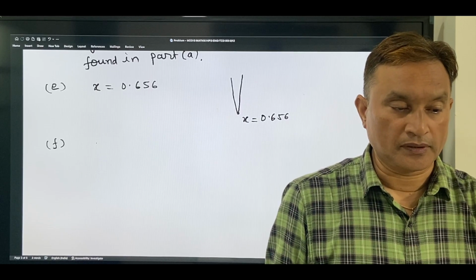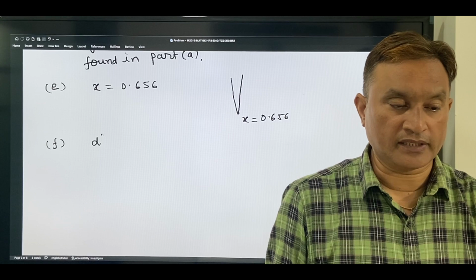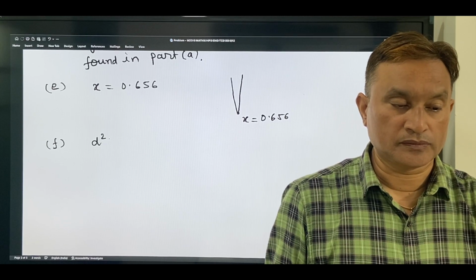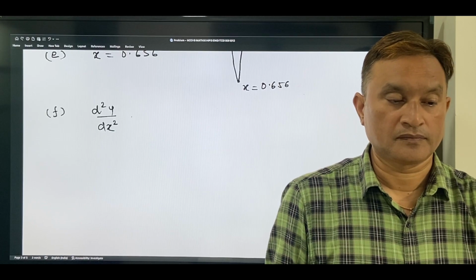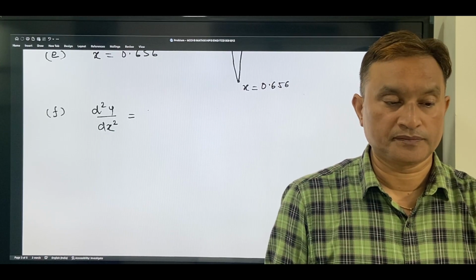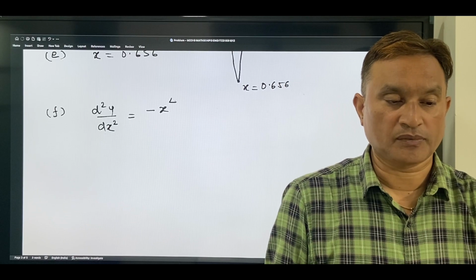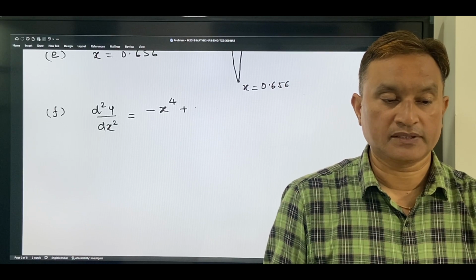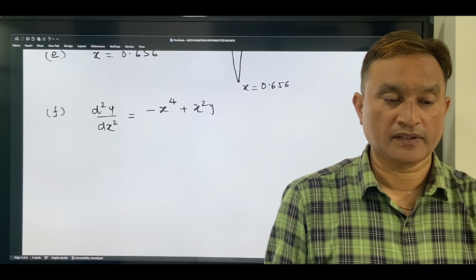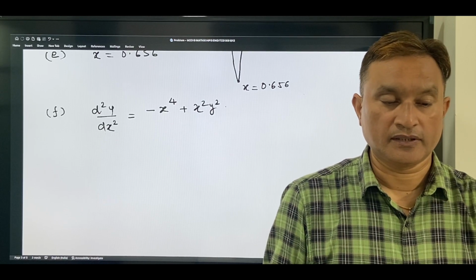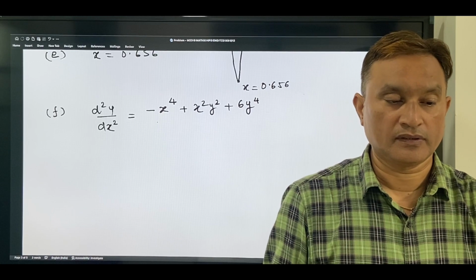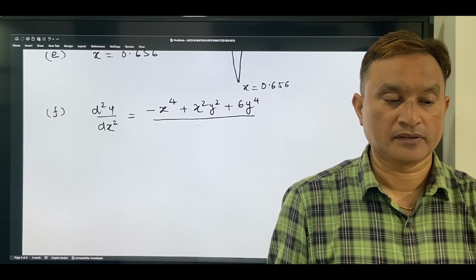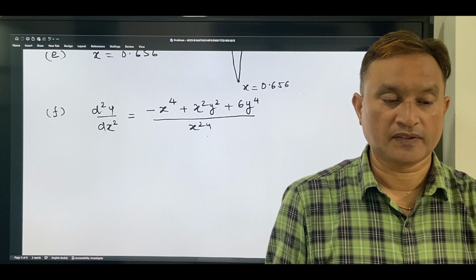So we will be writing here d2y over dx square equals to minus x power 4 plus x square y square plus 6y power 4 upon x square y cube.